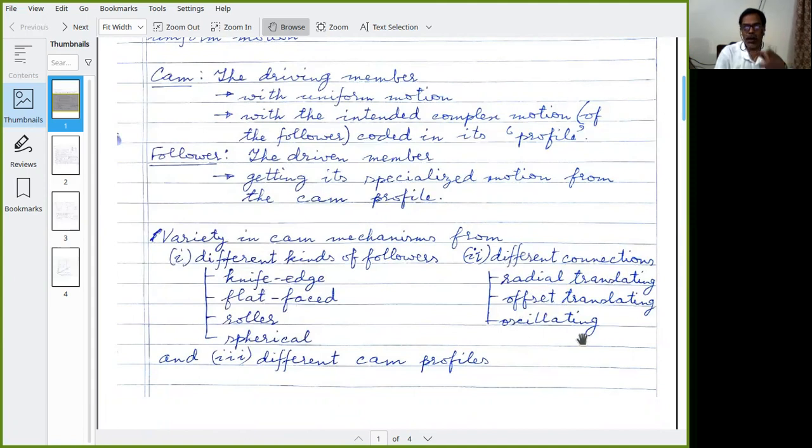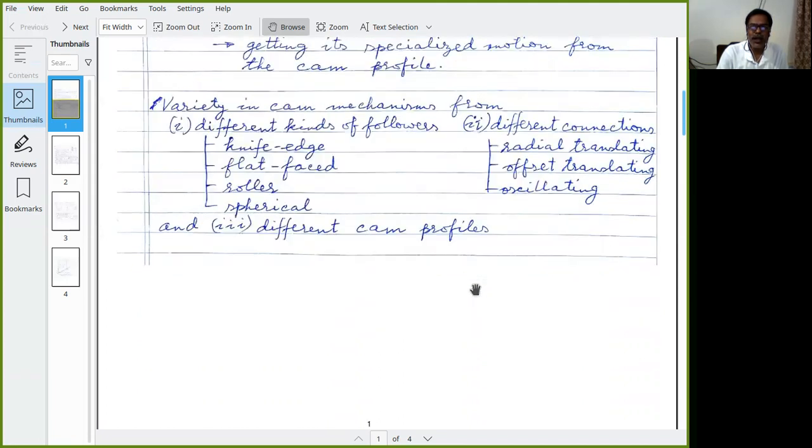Now, I will show you one picture in the next slide, in the context of which it will show one of this and one of this, but I will explain how others would differ from the one that is shown in the picture. And the mechanisms also differ according to the different cam profiles for the different required motions. Now, once in a while, we will come back to this slide to see these things. Okay. Now, let us go to the next slide.